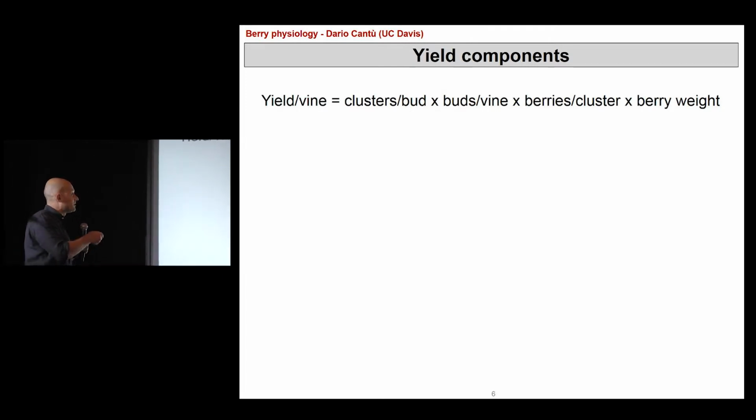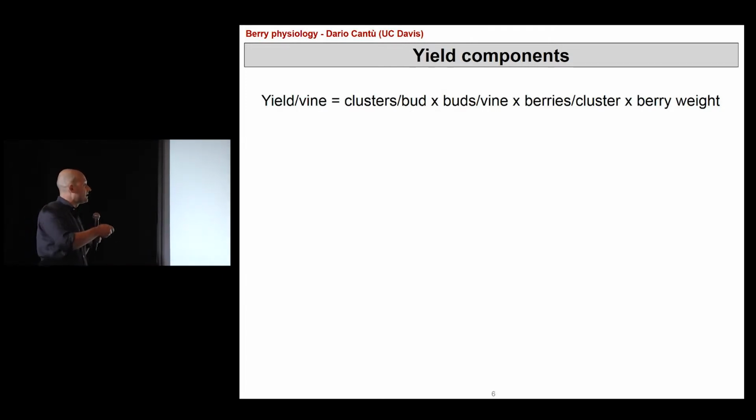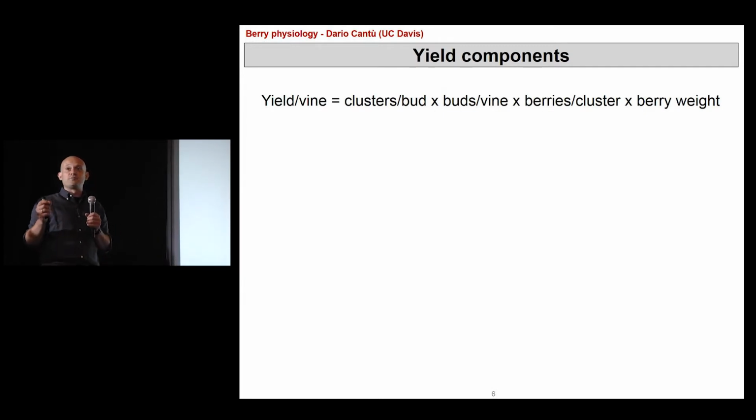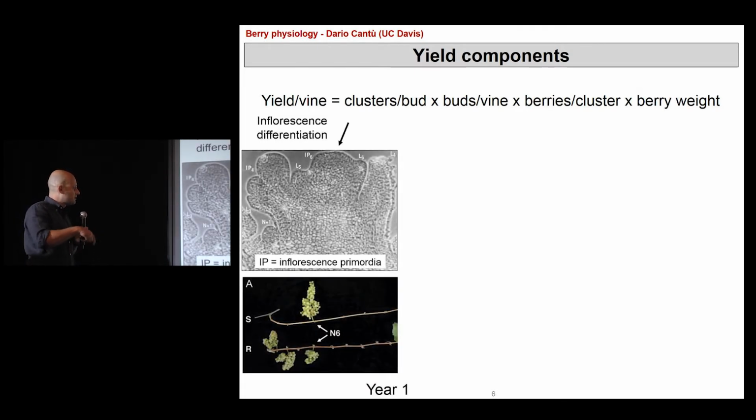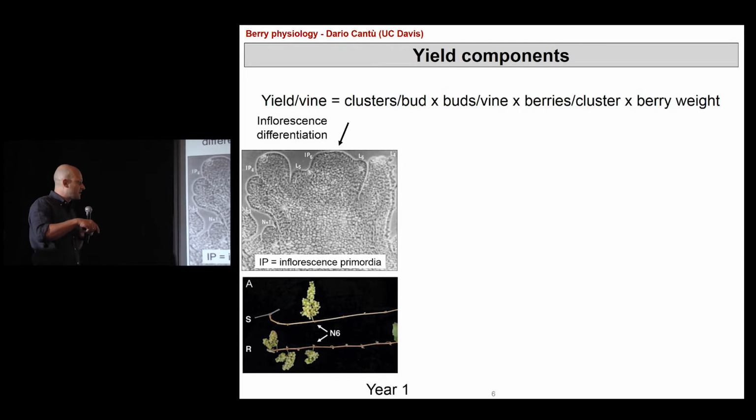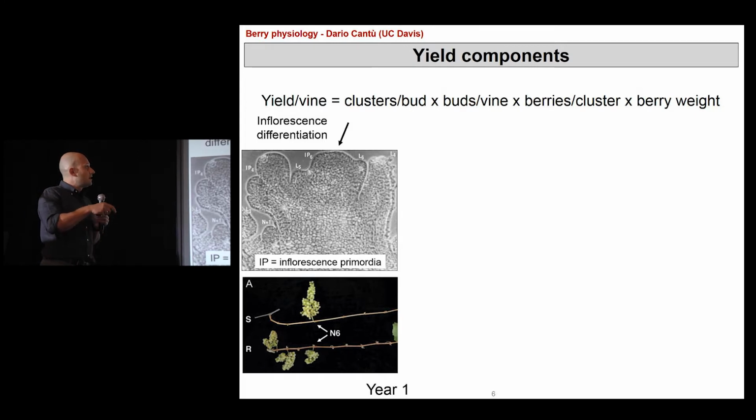So when you think about the yield per vine, our final yield, we need to think about the number of clusters we differentiate in each bud, how many buds we keep on the vines at pruning. So we're going to talk a little bit about how inflorescences differentiate and the number of inflorescences that differentiate in those buds, how this is determined. Buds per vine are determined by pruning.